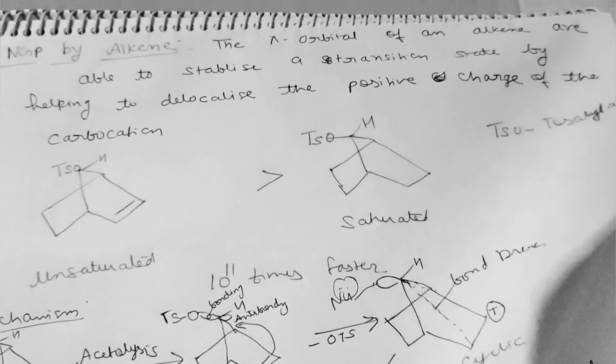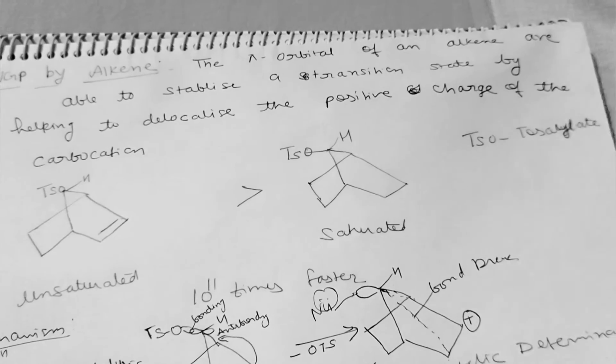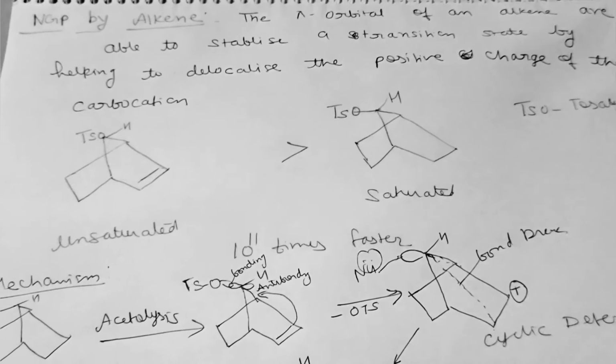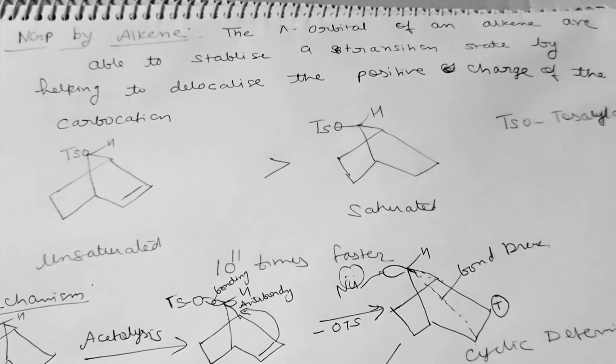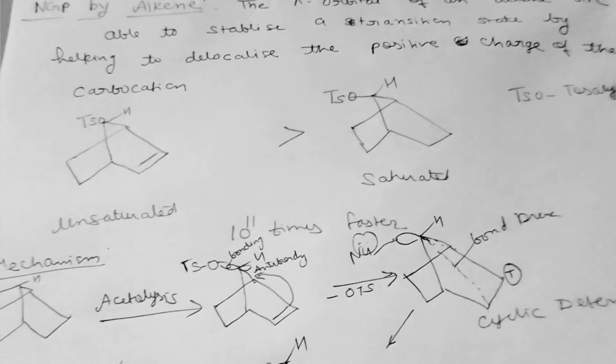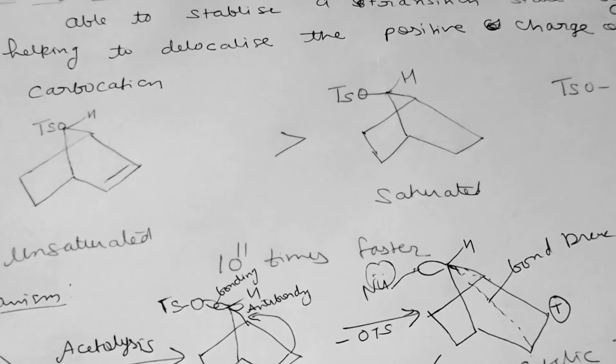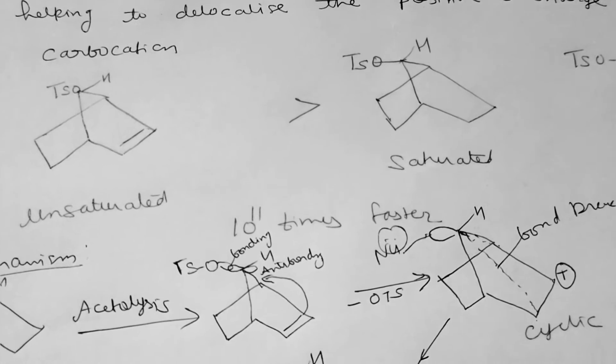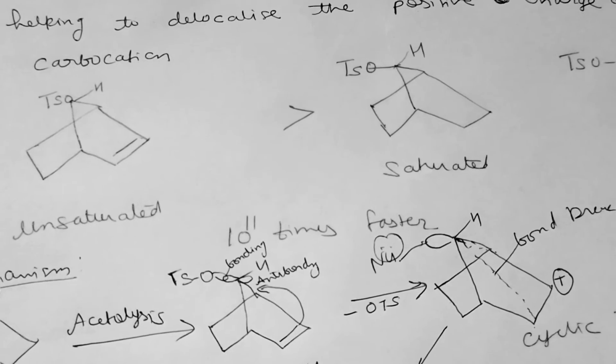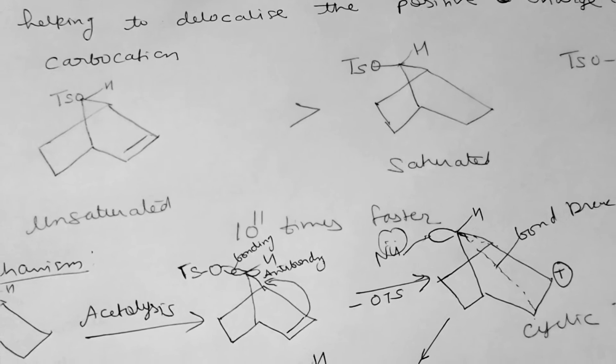Here we are using the leaving group OTs, that is tosylate. You just write down the structure of tosylate in your notebook. Here we are taking two examples, one unsaturated and another saturated. What happens if we take the unsaturated tosylate?